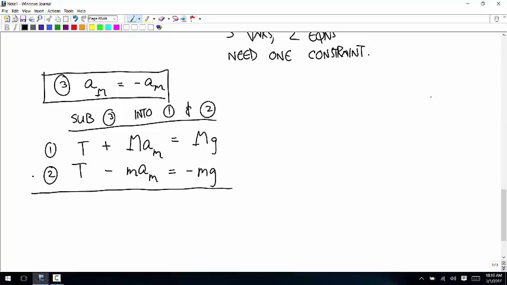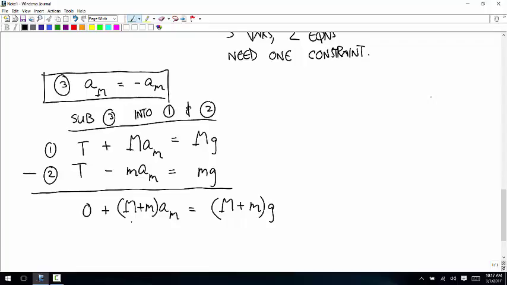And I guess I'll subtract these two equations, and we get 0 plus the quantity big M plus little m times A_m is equal to the quantity big M plus little m G. Oh, this should be positive.